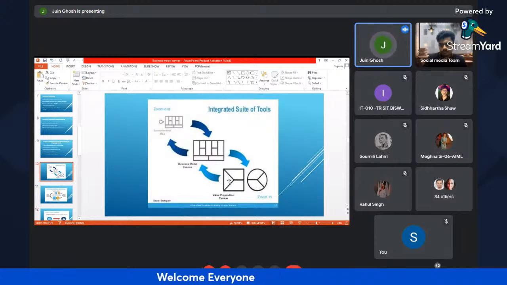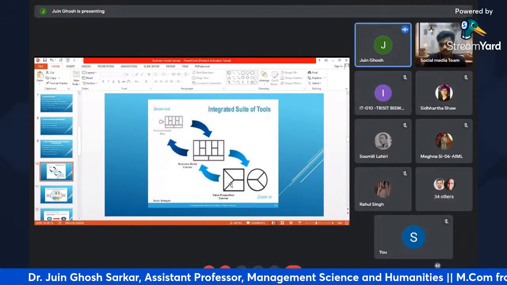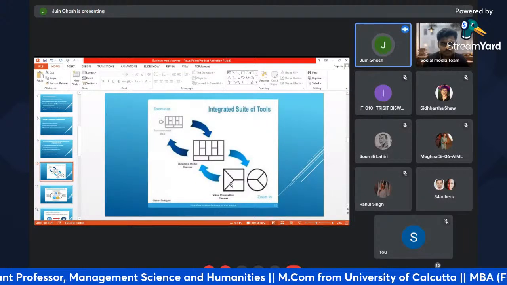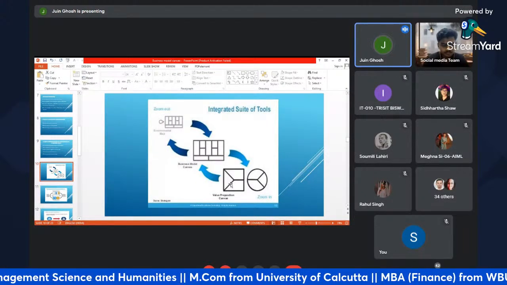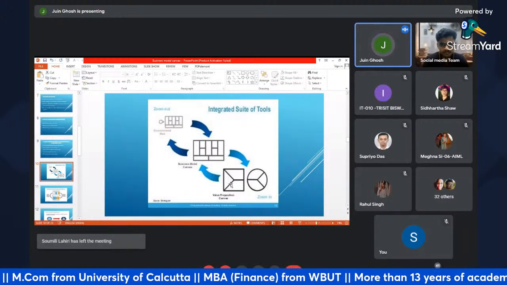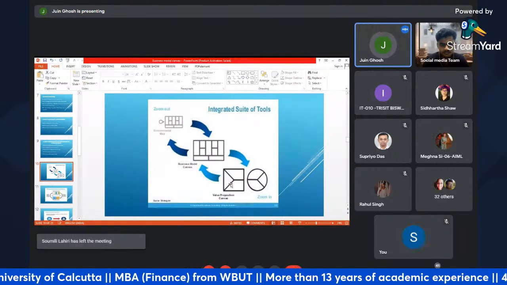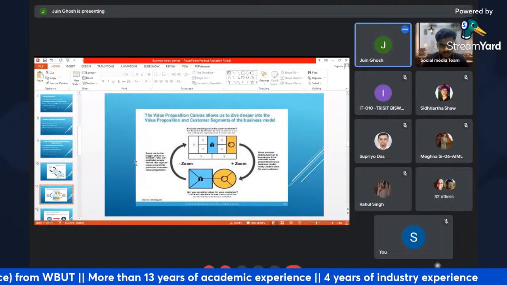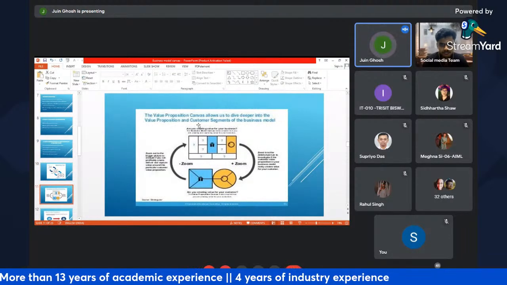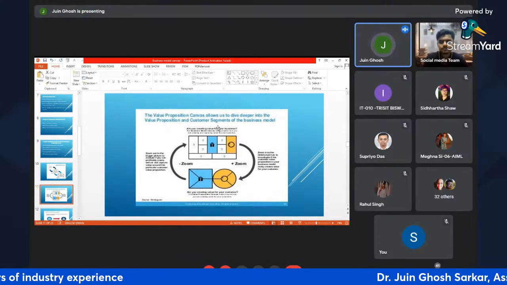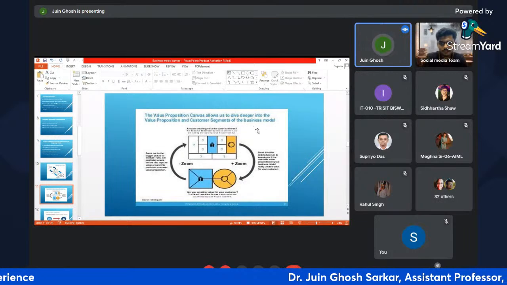the value proposition canvas. That is, what are the strategies that you are taking in order to attract the customers, how you are highlighting the product, why the customers would focus on your product, that should be taken care of. Then comes the value proposition canvas, which allows us to dive deeper into the value proposition and customer segments of the business model.